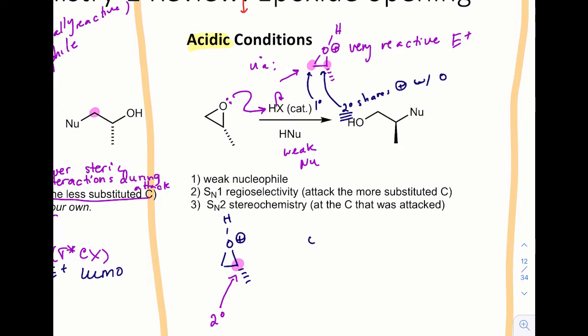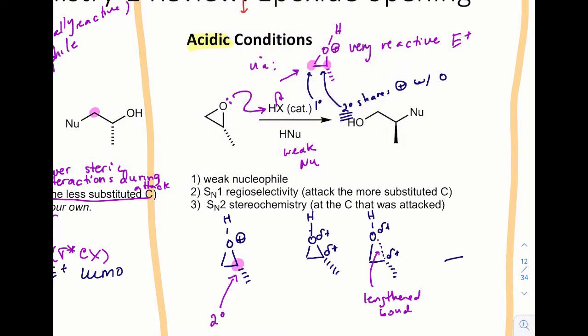We can draw this a couple of different ways. We could just think about splitting up the charge here. Now, how does this happen? Well, this would happen through this bond being lengthened and the electrons in that bond being pulled towards oxygen.